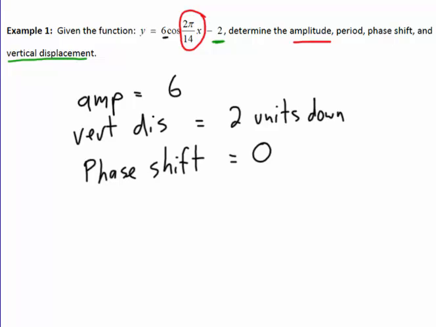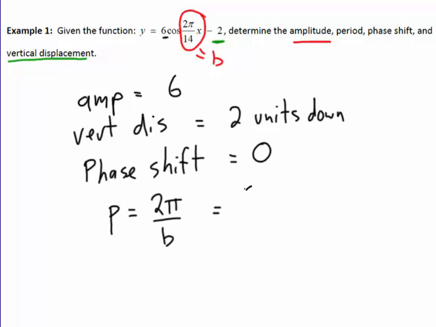Well, what about the period? And the period is the one that requires a little bit of work. Remember, period is 2 pi over b. And the b value is that number in front of the x. Our b value is 2 pi over 14.